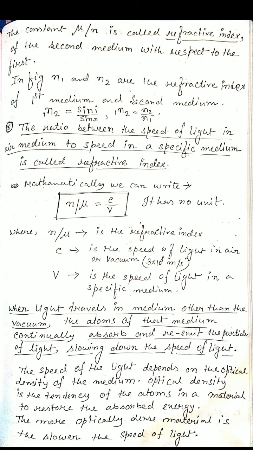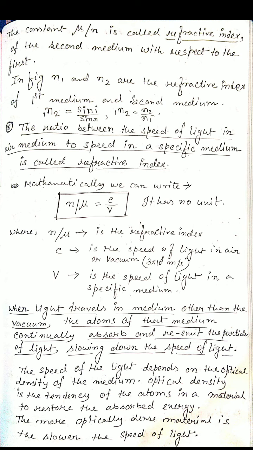When we define refractive index with respect to velocity, we always compare with air, because in air the speed of light is maximum. That's why we consider it constant, and with that we compare the speed of light in another medium.